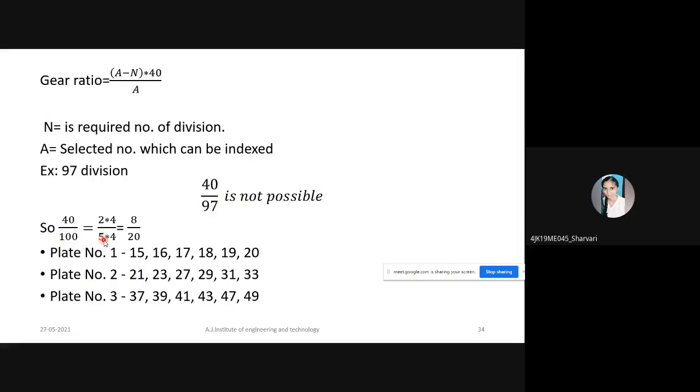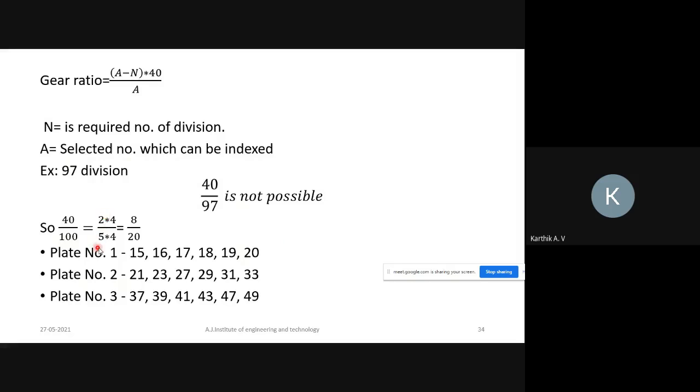Plate number 1 is also possible. 5 threes are 15, so 15 is possible. And in plate number 1 itself, 5 fours are 20, so that value is possible too. So either you take 15 or 20. Choose plate number 1, and in that select either 15 or 20.